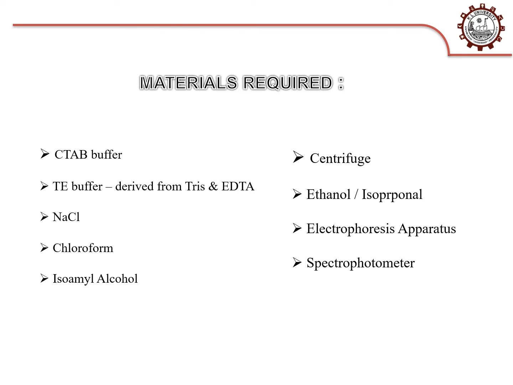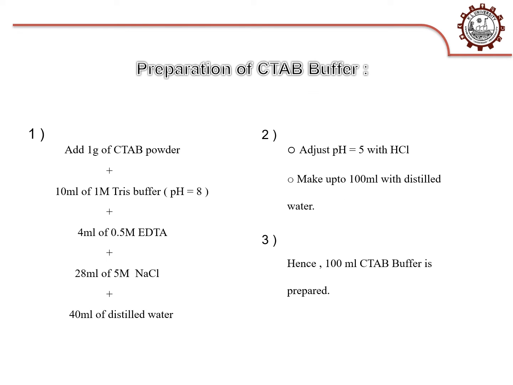Now, our main question is how we will prepare CTAB buffer. Here is the solution. We have to add 1 gram of CTAB powder to 10 ml of 1 molar Tris buffer, which has a pH of 8, and 4 ml of 0.5 molar EDTA and 28 ml of 5 molar NaCl and 40 ml of distilled water.